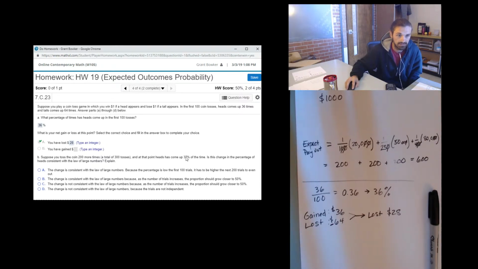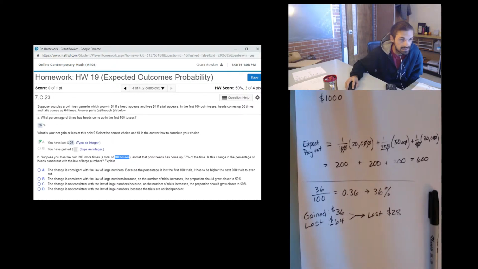However, 37% is closer to 50% than 36% is. So we would say that this is consistent with the law of large numbers, because the more times you flip this coin, the closer this percent should get to 50%. Why 50%? Well, that's the theoretical probability of flipping a head with a fair coin.